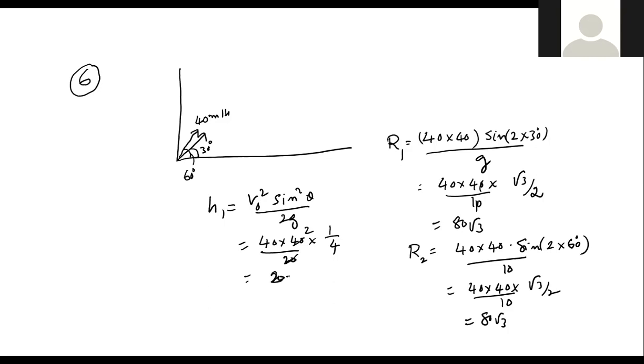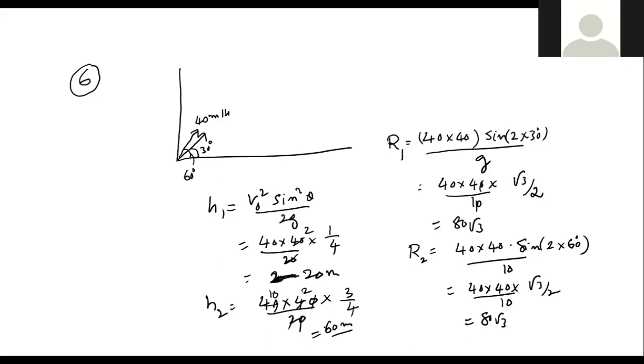H2, let me calculate. V naught square 40 into 40 into sine square 60, which is 3 by 4, by 2G. So how much is this? 60 meters.